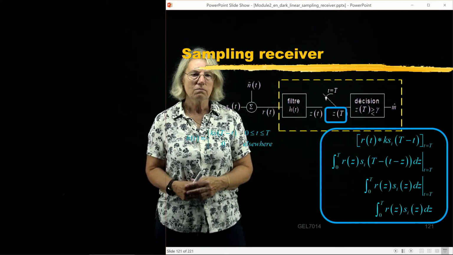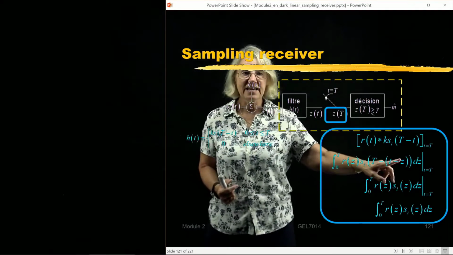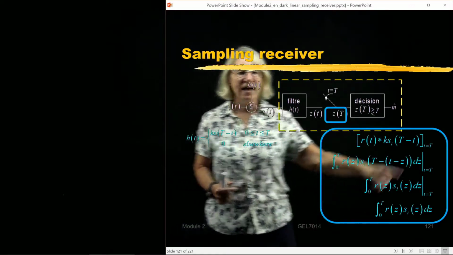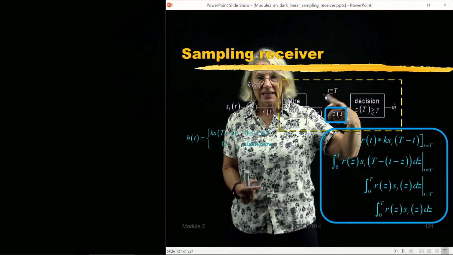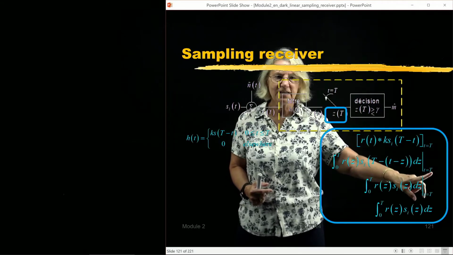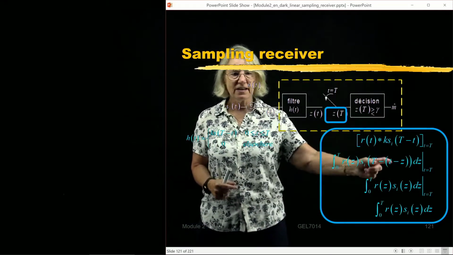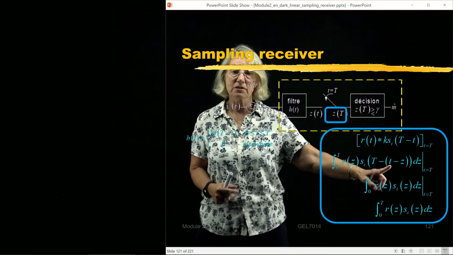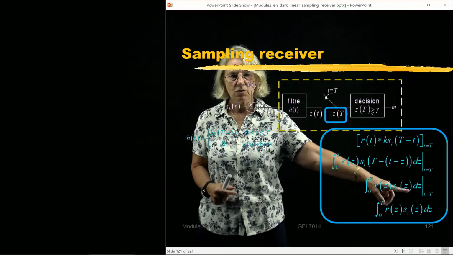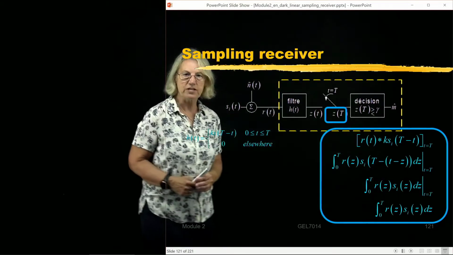So when I plug this in and evaluate this, I do the sampling at time capital T. If I do the capital T timing for t, then here I get capital T minus capital T minus z, so I come up with this very simple expression.